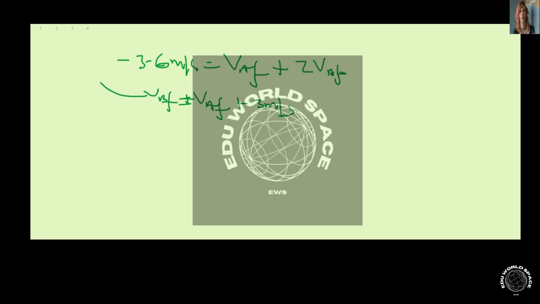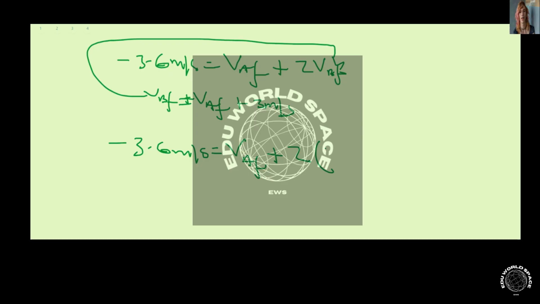So we want to plug in the final velocity of B right there. So we end up with negative 3.6 meters per second equals VA final plus twice final velocity of A plus 3 meters per second.